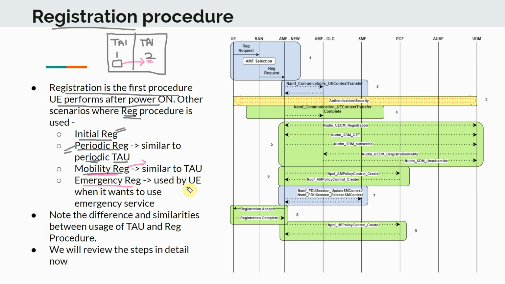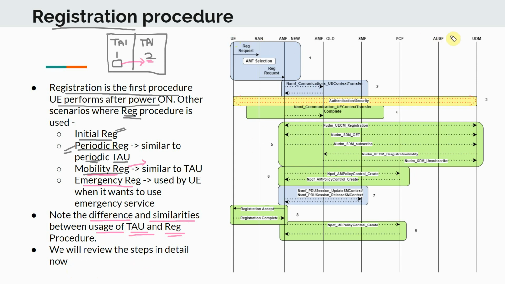This is used by the UE when it wants to use emergency services in the NG-RAN, the next generation RAN. So, we noted the differences and similarities between the tracking area update process and the registration process. We will review the steps in detail now.